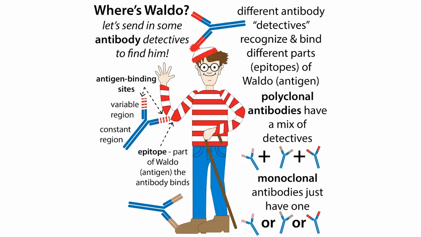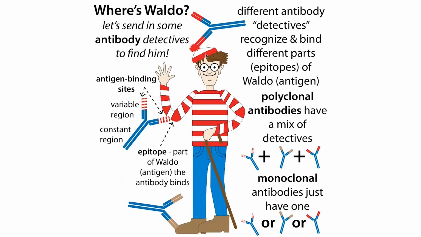Also, if you have a monoclonal antibody that only binds to a specific site, that site might be where that protein is interacting with another protein. So if you're using a monoclonal antibody against that site, you could be blocking binding.